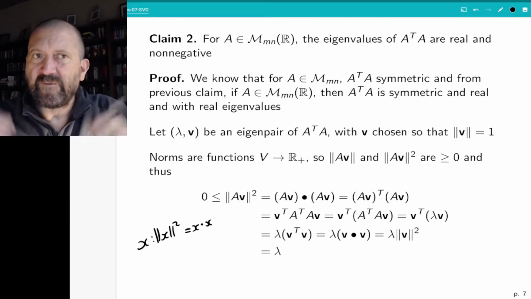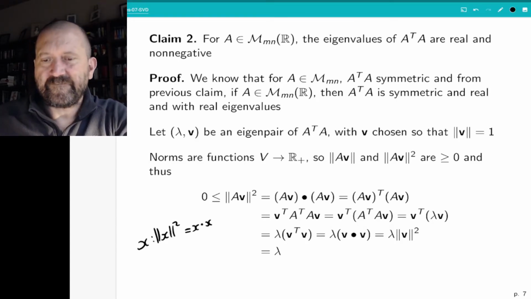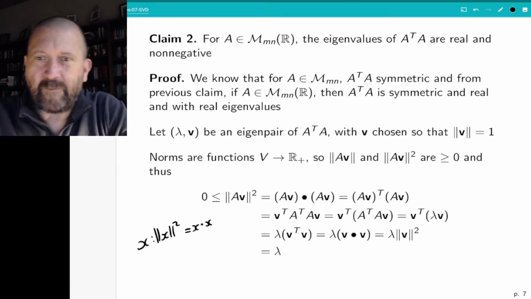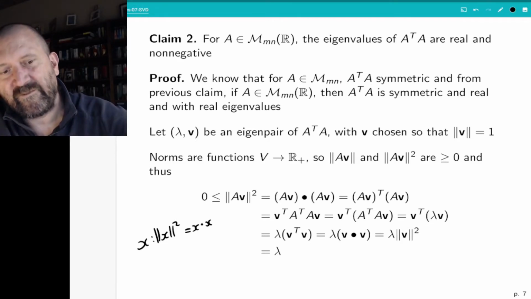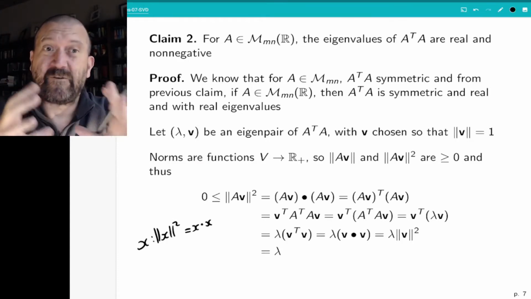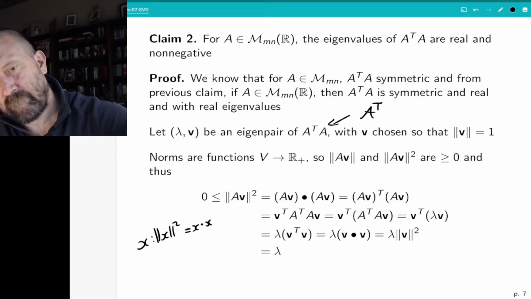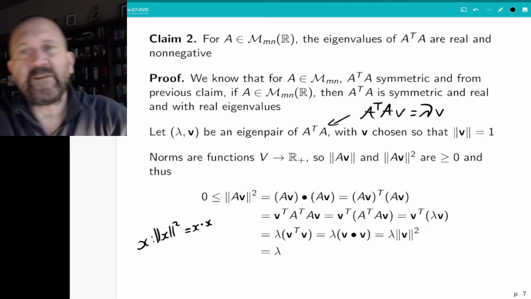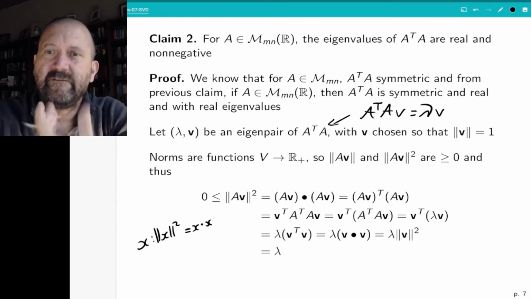Now let me group things. This is V transpose times A transpose AV. But A transpose AV is the matrix that I started out with, and we chose V to be an eigenpair of A transpose A. So A transpose AV is equal to lambda V. When I say that lambda, V is an eigenpair of A transpose A, that's what I mean.